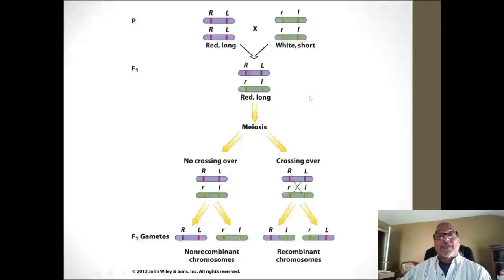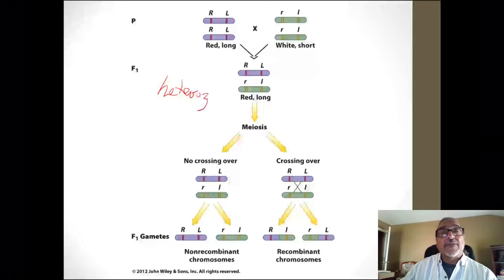Here's a much more scientific view. This is our reds and longs. Okay, remember them? We started out with the red flowers with long pollen, white flowers with short pollen. We did the cross. Notice we have both of our F1s are heterozygous.